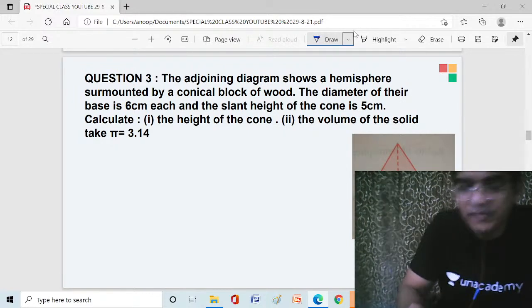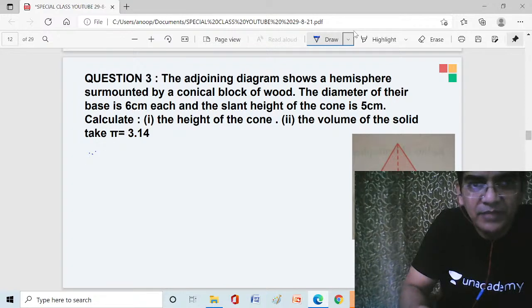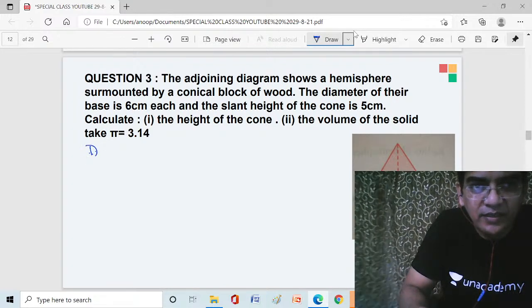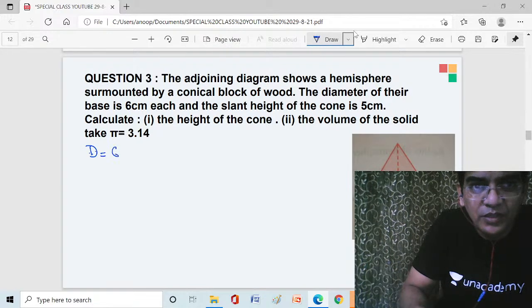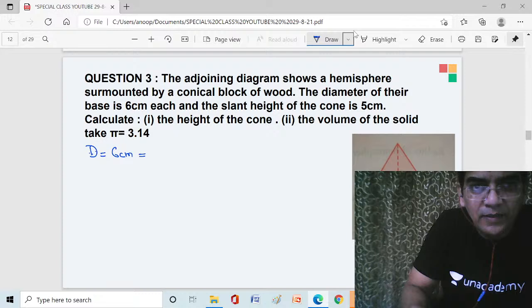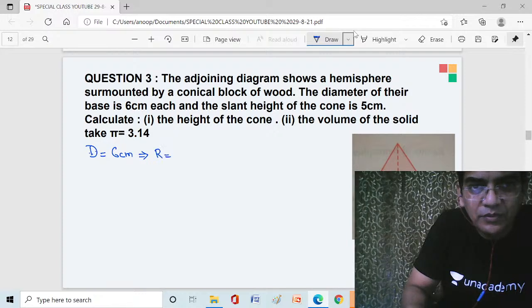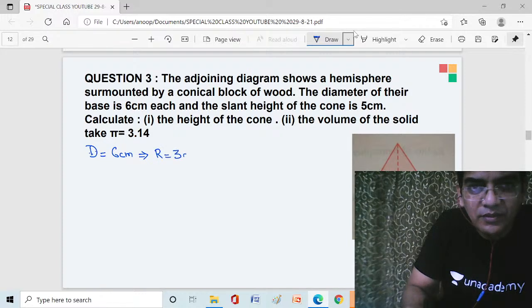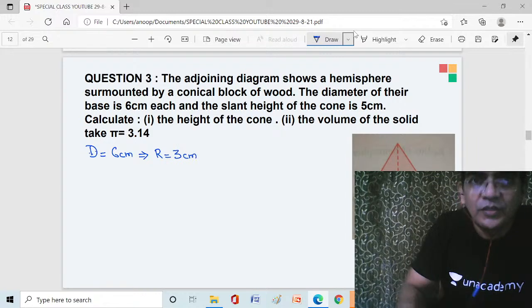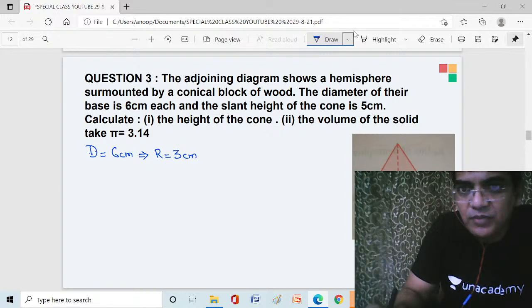So both are having the same diameter. Here I can write diameter is equal to 6 centimeter, so I can say that the radius is equal to 3 centimeter. Here you can see the radius will be the same.